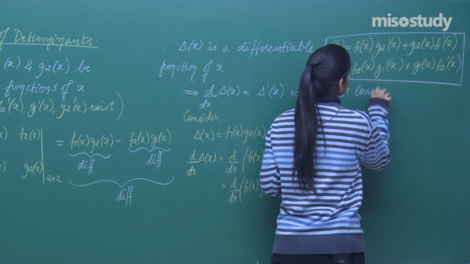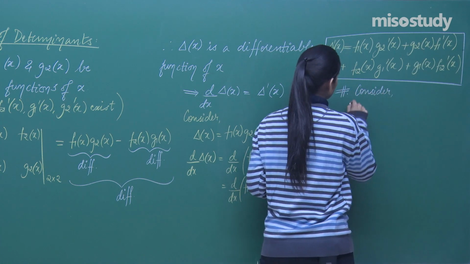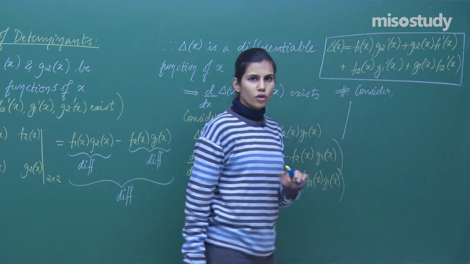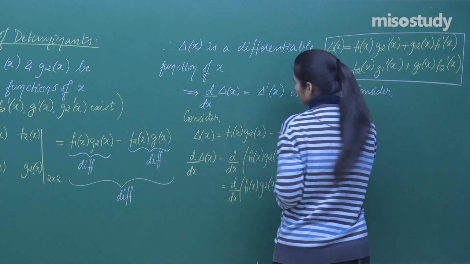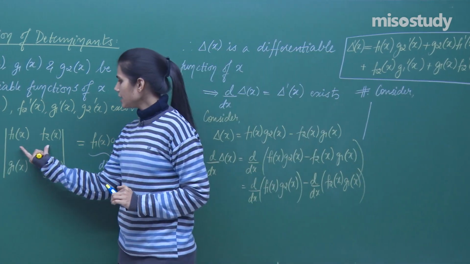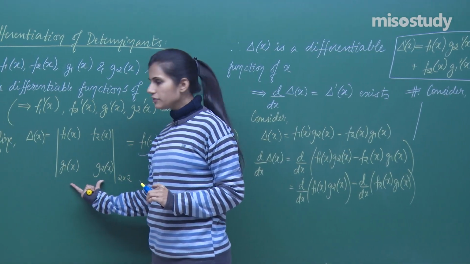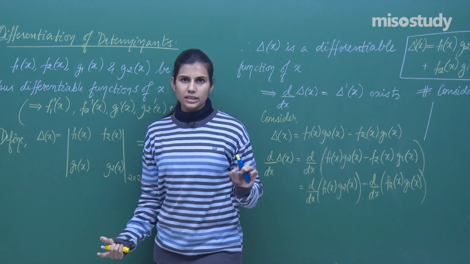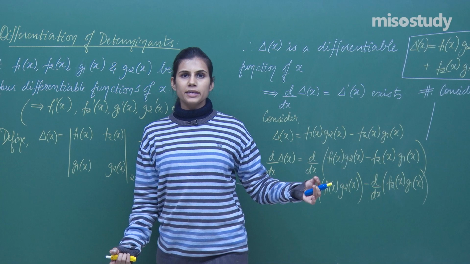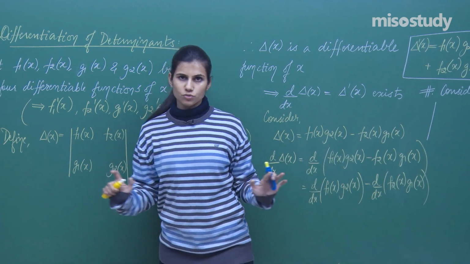I am saying consider the determinant of order 2 cross 2 only, that is what we are concerned with right now. Here my first row is f1, f2, second row is g1, g2. What I will be doing is considering the sum of two determinants of order 2 cross 2. Fine?